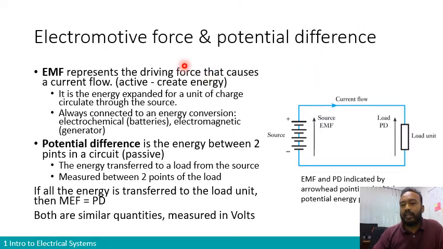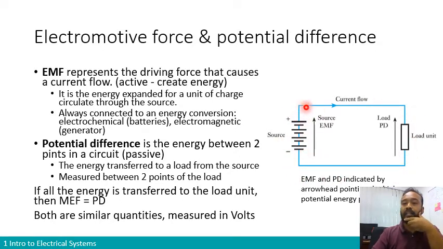Both of them are basically voltage. So what is voltage? Voltage is basically the difference of energy between two points. If you take a circuit like this and you take two points, you compare the level of energy. The difference of that level of energy is what we call voltage, right? So between any two points across the circuit, you can measure a voltage.